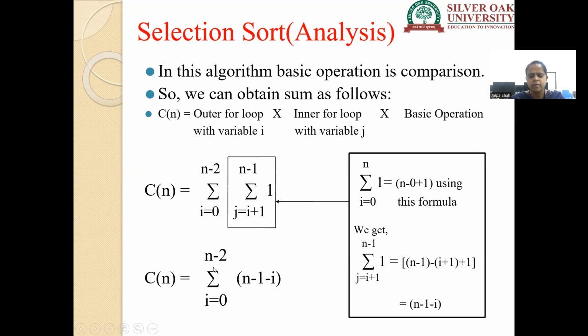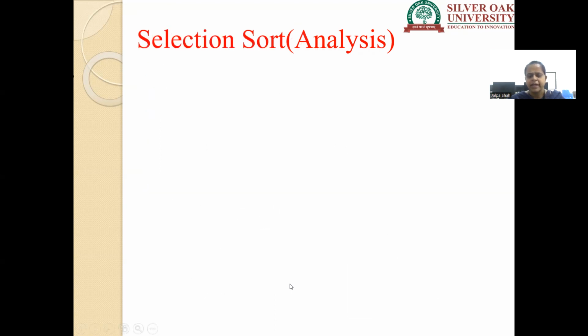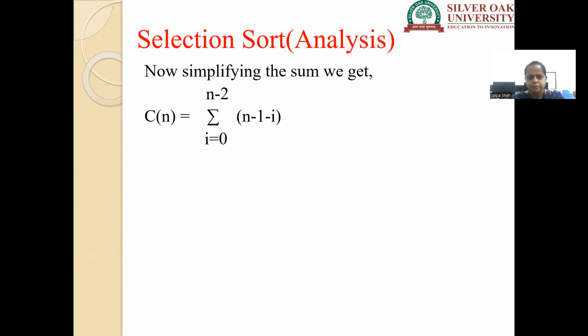So we will get sigma i equal to 0 to n minus 2 of (n minus 1 minus i). Now let's simplify this. If we explicitly do the operations on different parameters, we get sigma i equal to 0 to n minus 2 of (n minus 1), minus sigma i equal to 0 to n minus 2 of i.